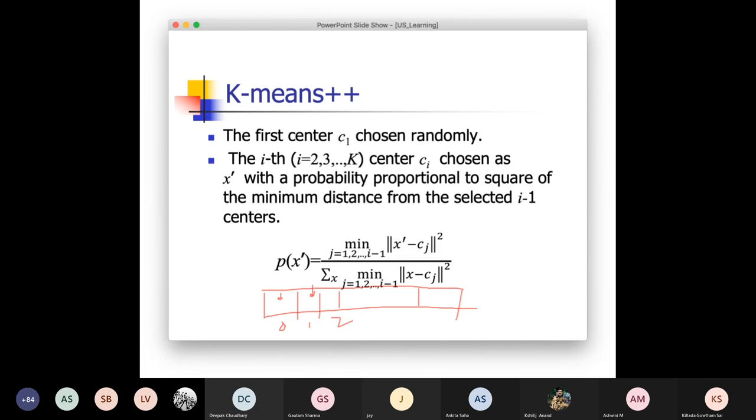You can generate a random number, and you keep the elements in a particular order and find the cumulative probability distribution. Then you see where that random number crosses the cumulative value, and select that element.